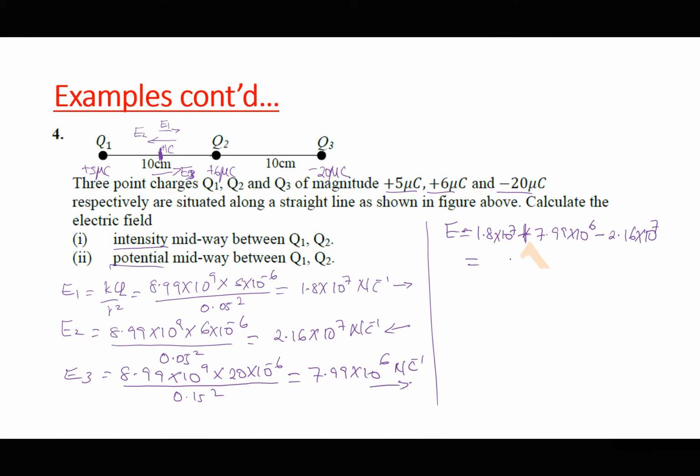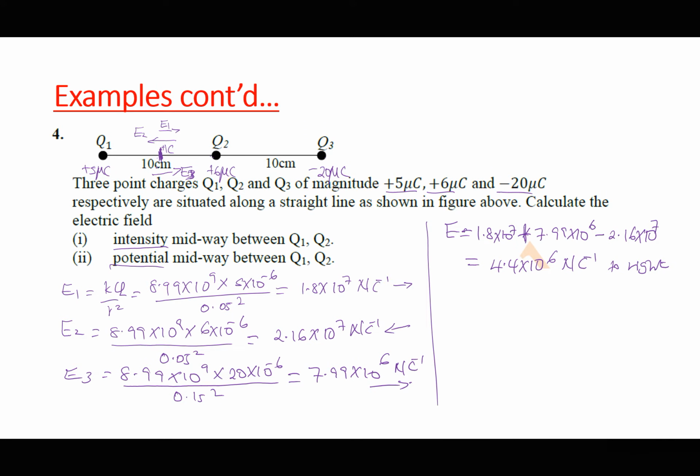And when you press your calculator, it is giving me 4.4 times 10 power 6 newtons per coulomb. And this is going to be to the right. In other words, the field to the right is greater than the field to the left. So if we put a unit positive charge here, it is most likely going to move to the right.